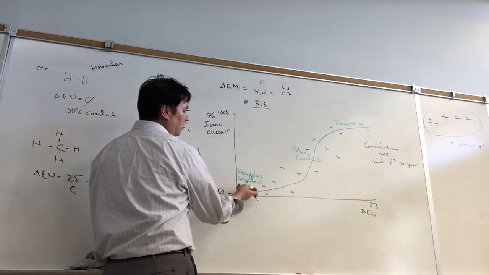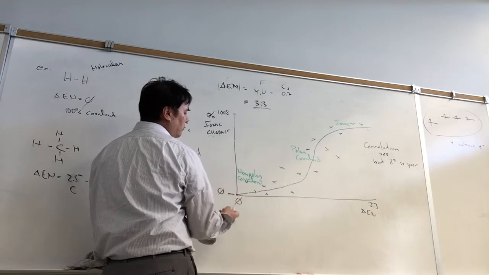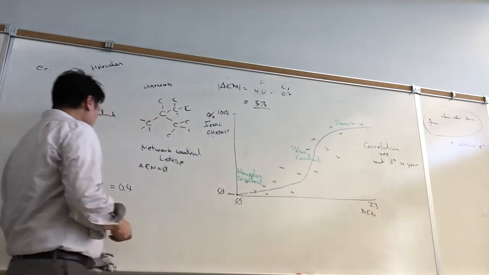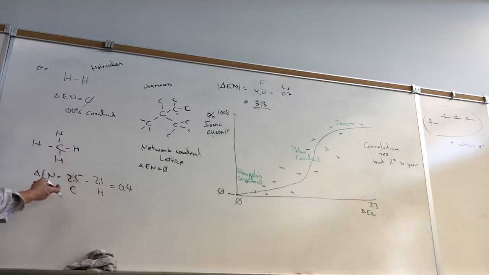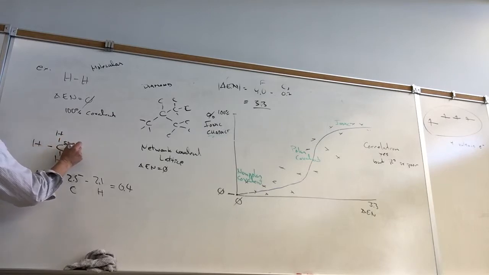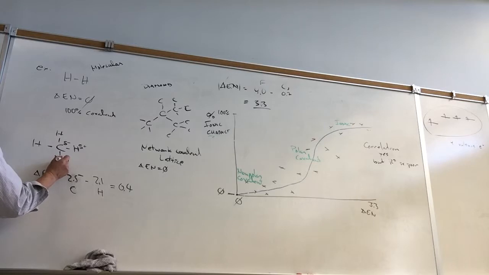And it's going to have very low percent ionic. It's mainly covalent. And so this is what we call negligible. The delta EN is very small. And so what happens is we build up a very, very small negative charge on carbon, and a very small positive charge on hydrogen. And so these are dipoles as well.